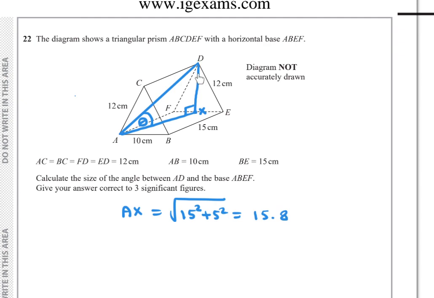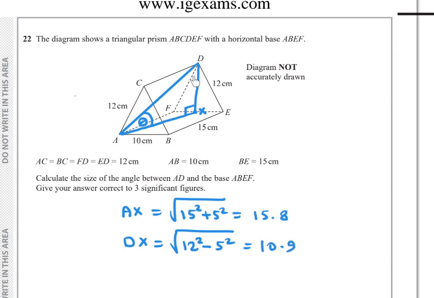And we can find DX from this right angle triangle DXE, the hypotenuse 12 and this 5, so we can find that one. So DX equals square root 12 square minus 5 square equals 10.9 to 1 decimal.